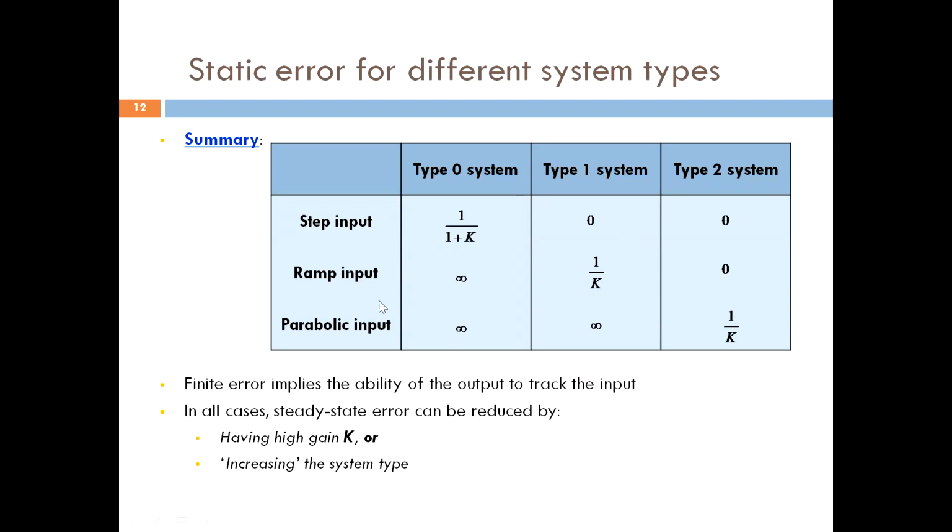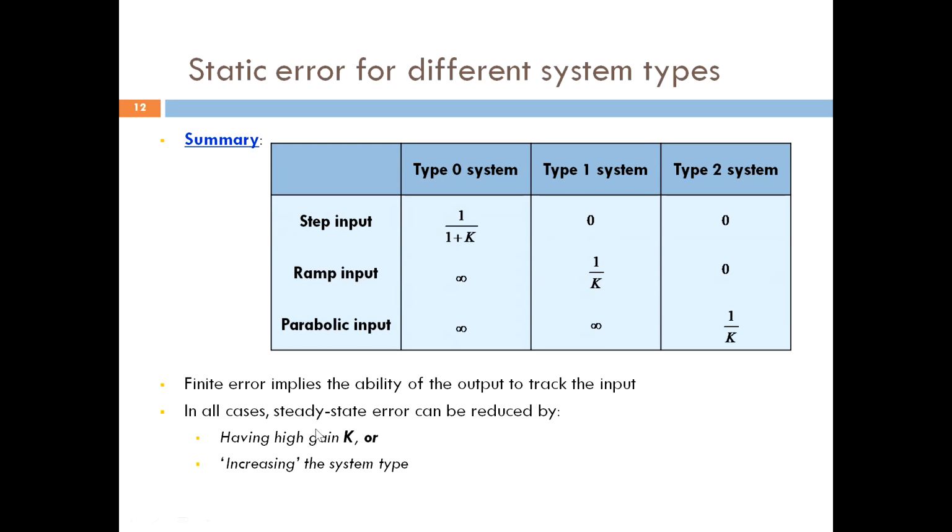And that can be seen also in the other cases. In changing a system type from 0 to 1, we move from an infinite steady state error for a ramp input to a finite steady state error.